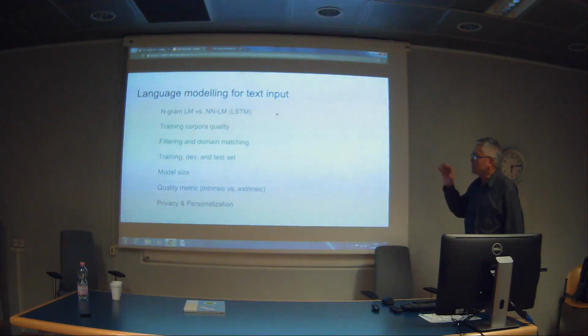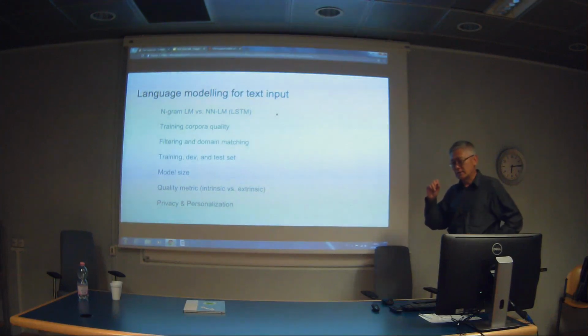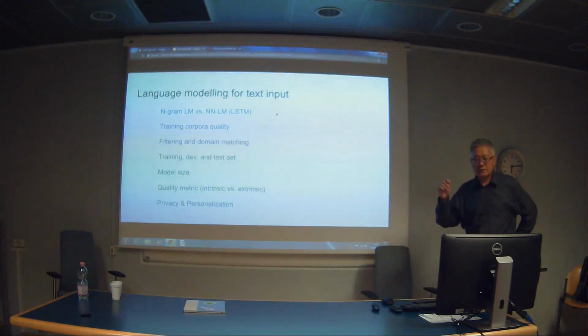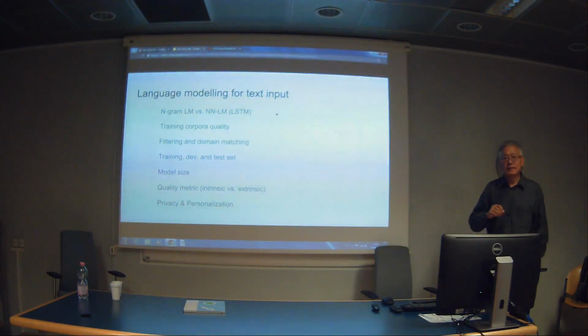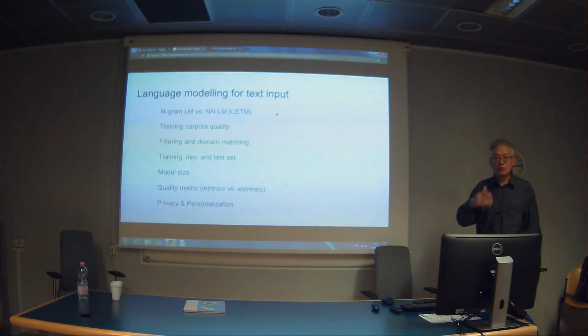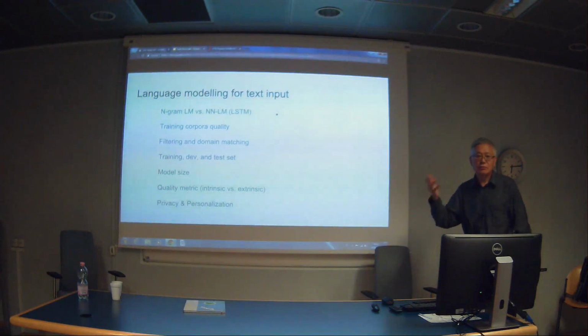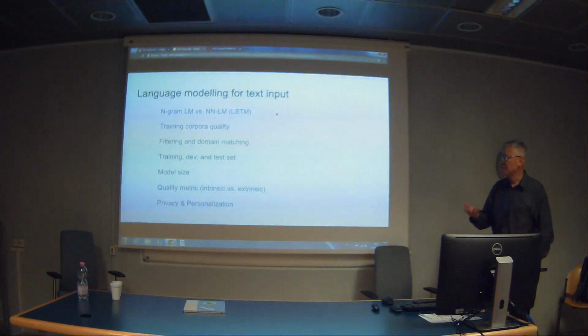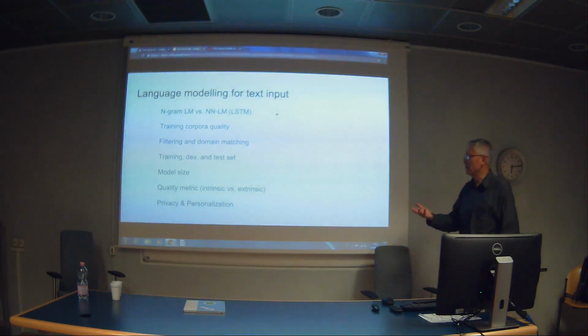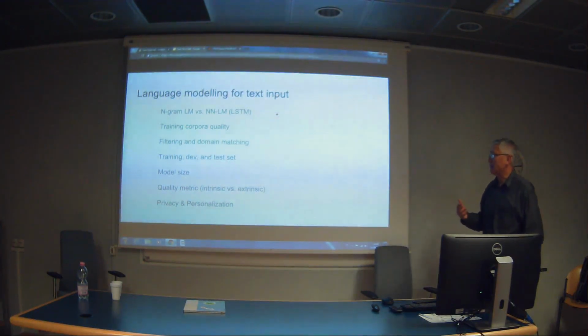An important part of training these n-gram models is finding the right corpus: a text corpus that reflects how the end users actually would communicate. So domain matching becomes very important, and finding the right language corpus is a big part of engineering.